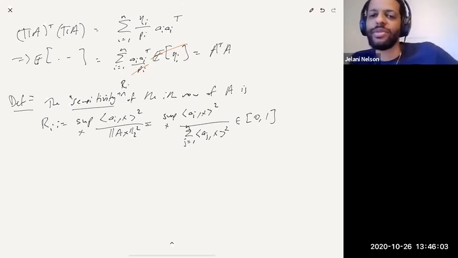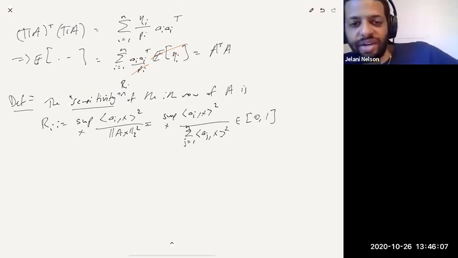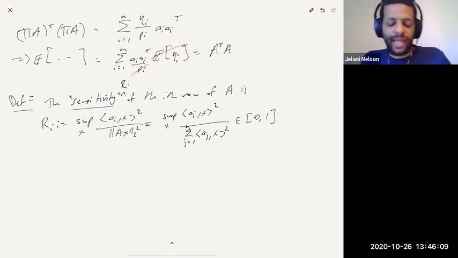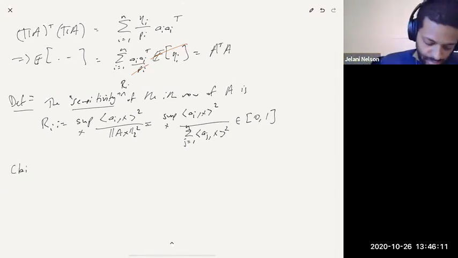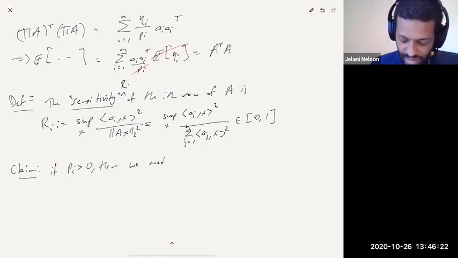Again, I'm not being formal here, I'm just trying to build intuition. Now, if pi is not 0, so it's strictly bigger than 0, then we definitely need pi to be at least, let's say, R over 2.